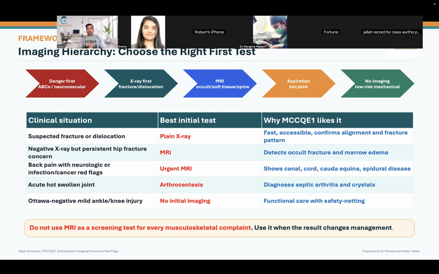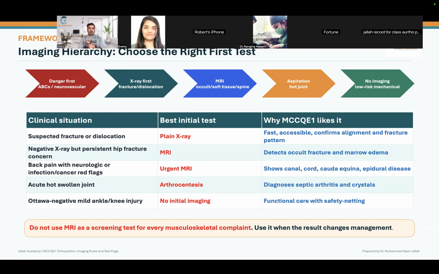Why does the MCQ like to test this? Because it is fast, it is cost effective, it's accessible, and it confirms alignment and fracture pattern. So it gives you enough information to put you in a better position to come up with the right treatment or next plans.